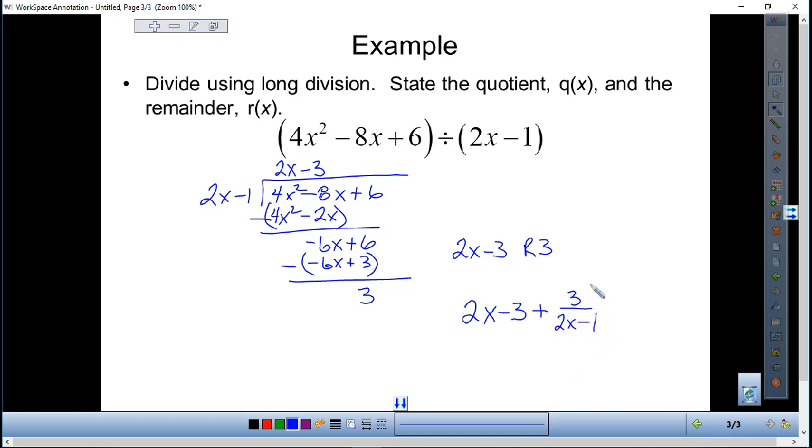So there is your extra parts that did not divide out evenly. So here, this is your q of x, and this is your r of x. This is just the quotient. That's just the answer to the problem completely, including the remainder. The remainder is included in your answer.